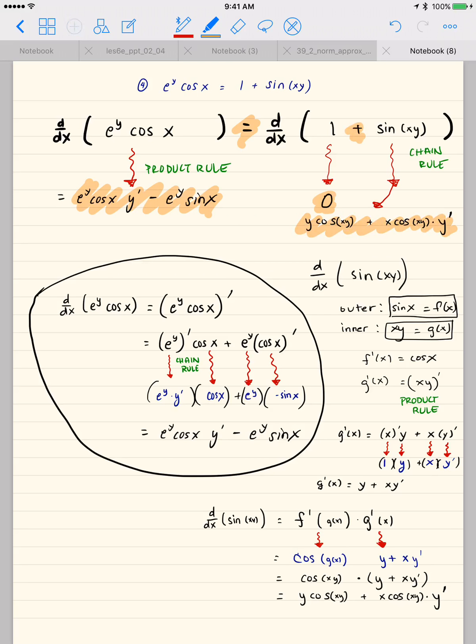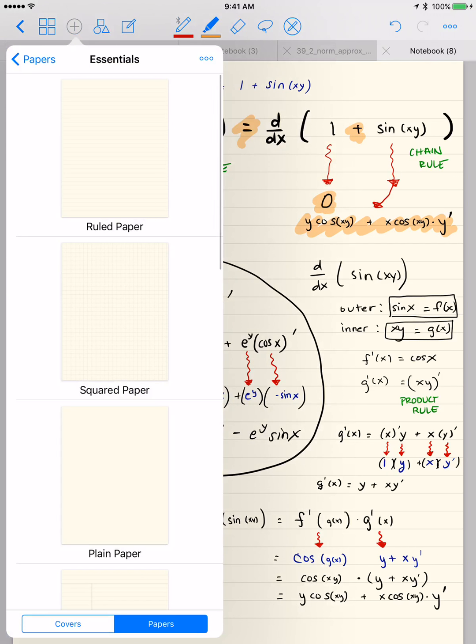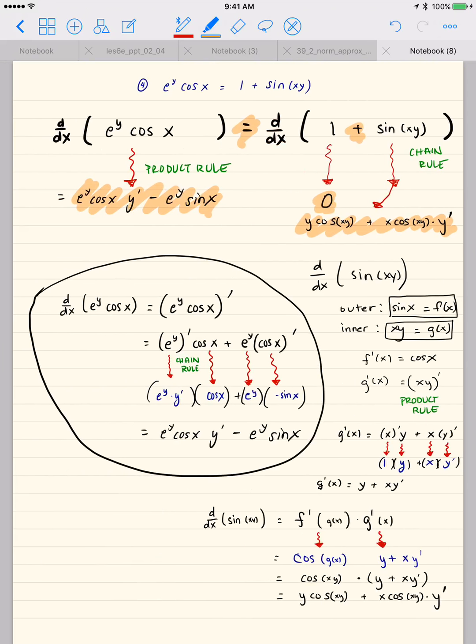I think this warrants a new page, so let's add a page below. So we got e to the y cosine x y prime. This will make my life easier, so I'm just going to copy this and paste.